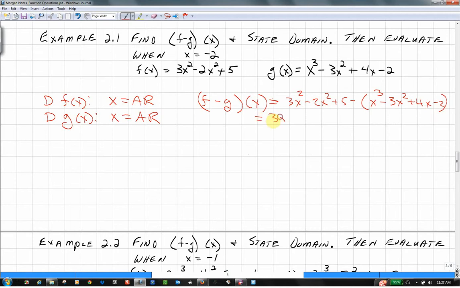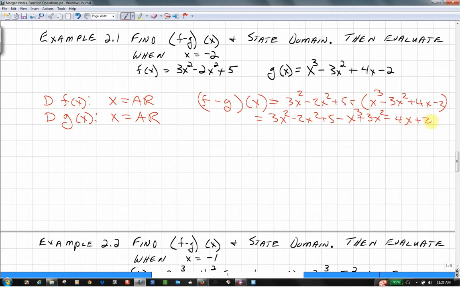So that's 3x squared minus 2x squared plus 5, then minus x cubed. Then the subtraction distributed to the negative 3x squared would be plus 3x squared. The subtraction distributed to the 4x is minus 4x, and the subtraction distributed to minus 2 would be plus 2.